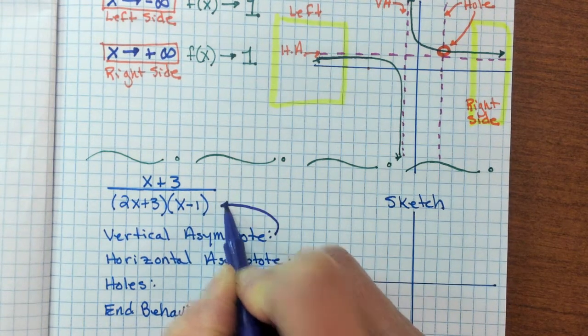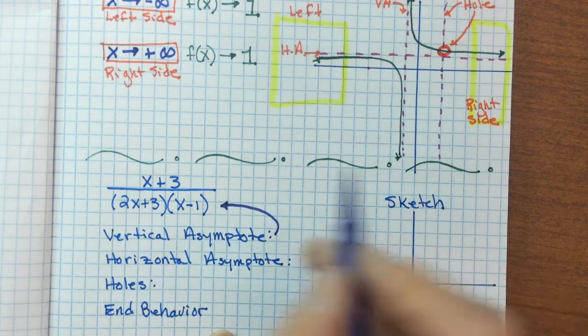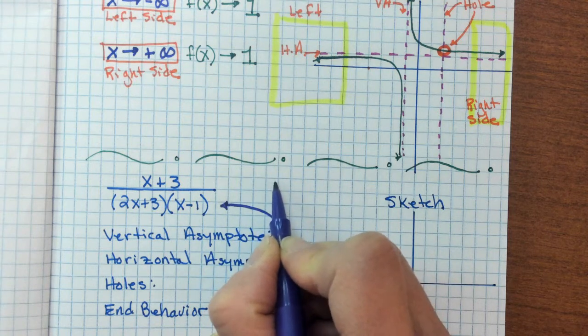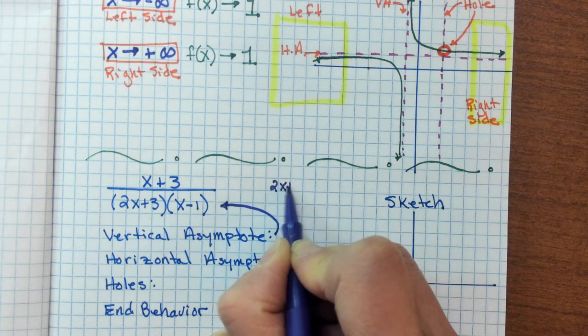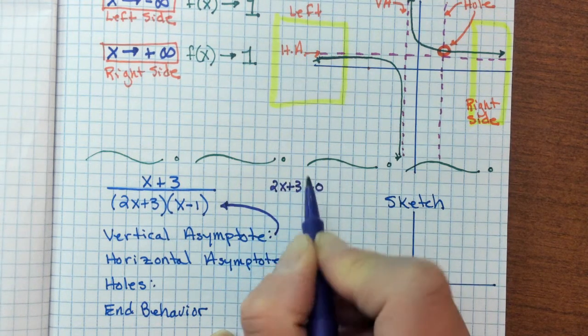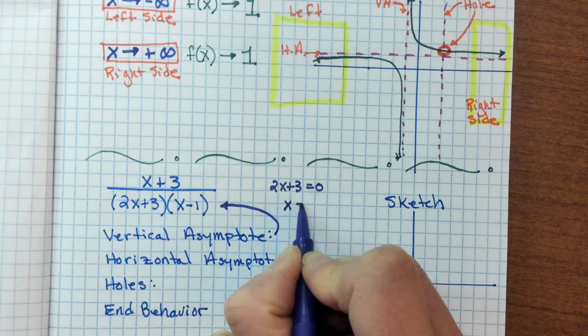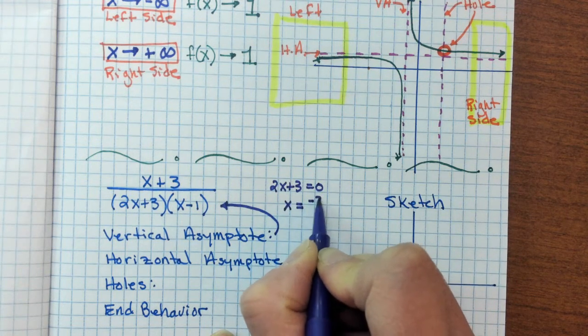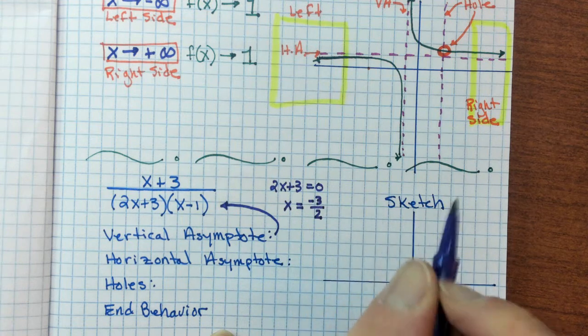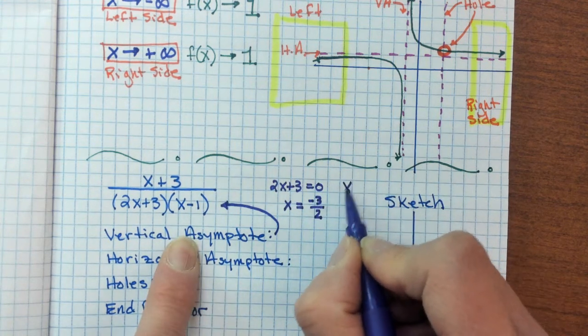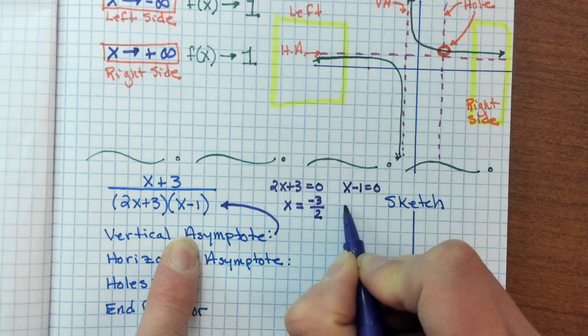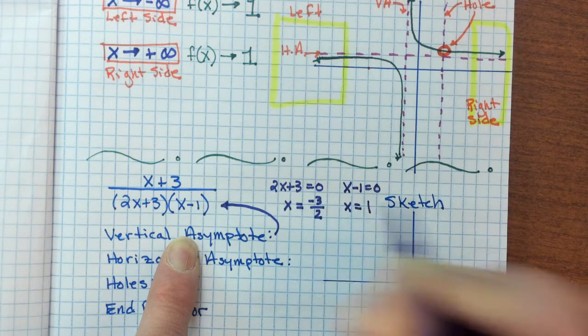I don't have to multiply anything out. So I know that if I were to say 2x plus 3 equals 0, I get x, when I do the algebra, is -3/2. And then if I have x minus 1 equals 0, I have x at 1.